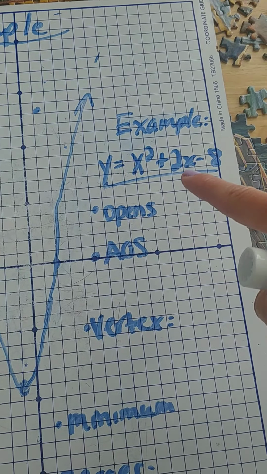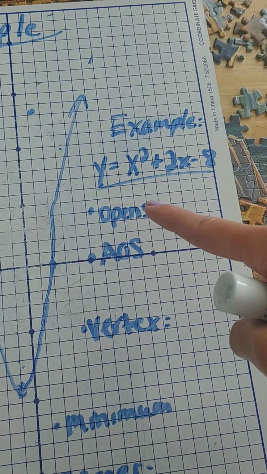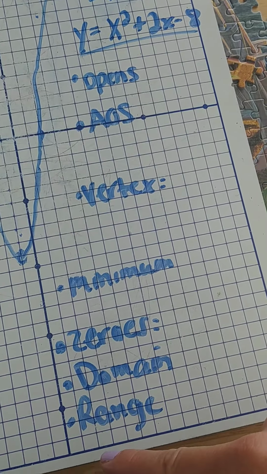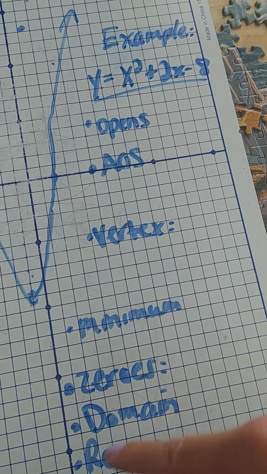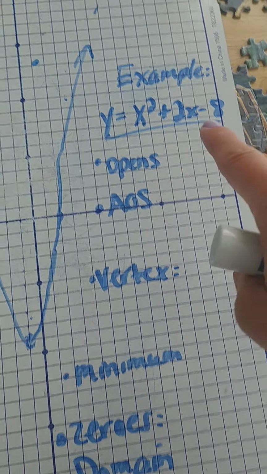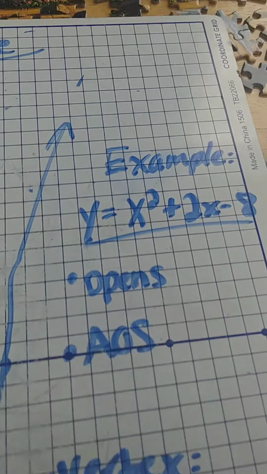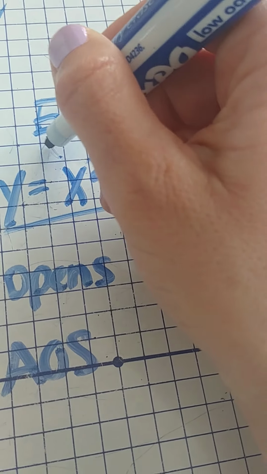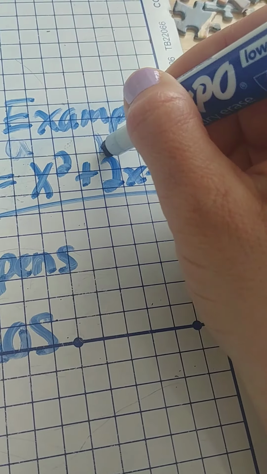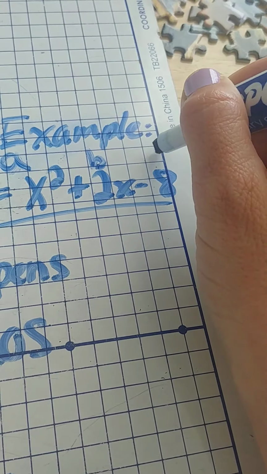And over here, I have my example, and I have all of the characteristics that I need to write about all the things that I've learned. So here's my equation. And we know this is our A value, this is our B value, and this is our C value.